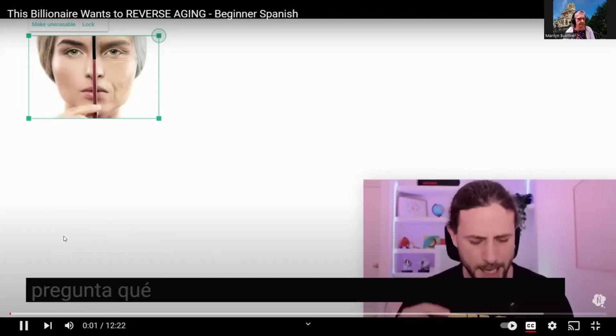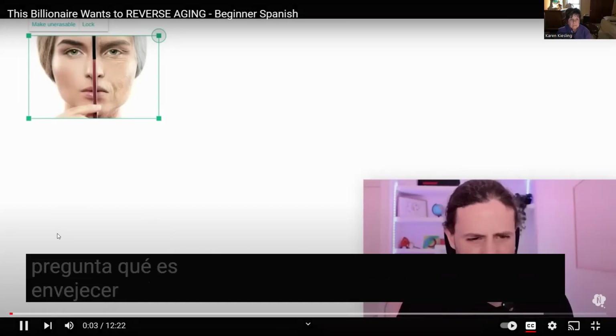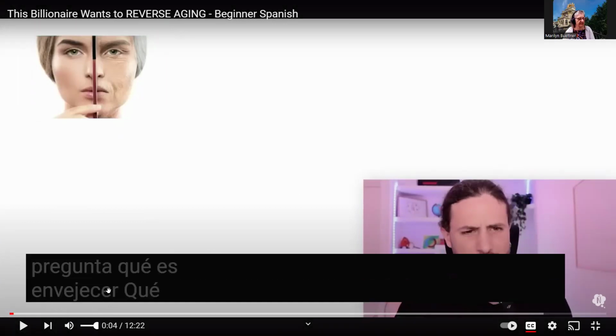Bueno, a ver. ¿Qué es envejecer? What is getting old? That word envejecer es un verbo. Envejecer es to get old, to age. And buried in the middle of that verb, envejecer, is a kind of altered form of viejo.